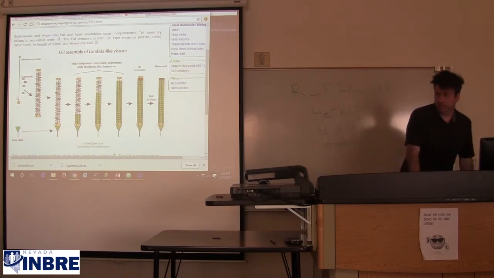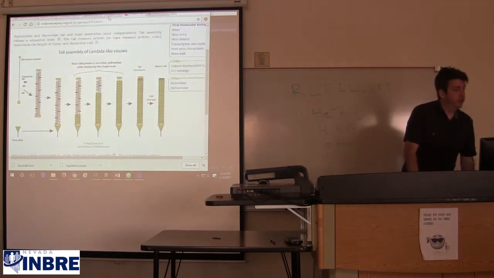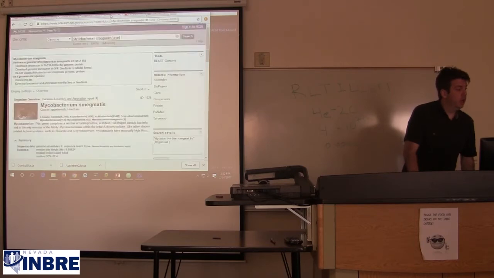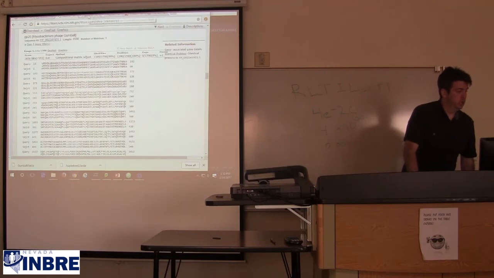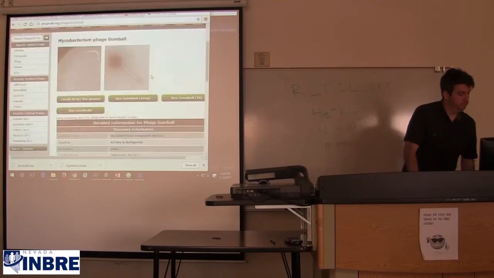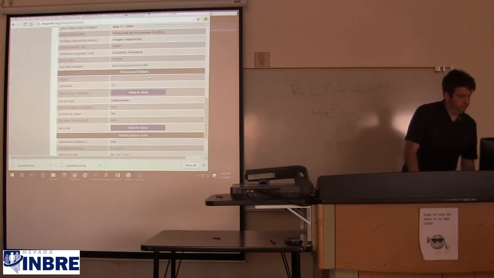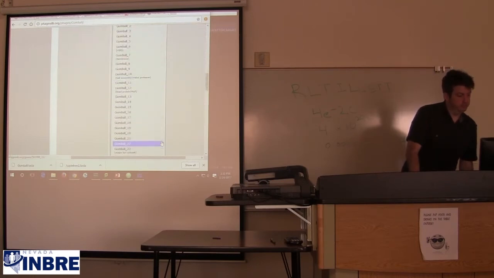And BLAST doesn't give us an answer for this, but this relates back to the immunoacyl tRNA hypothesis, and that is, if we go to the gumball page at PhagesDB, and we scroll down to the characterization part of the table, and then the gene list. Well, now we know that there's a gumball 26.